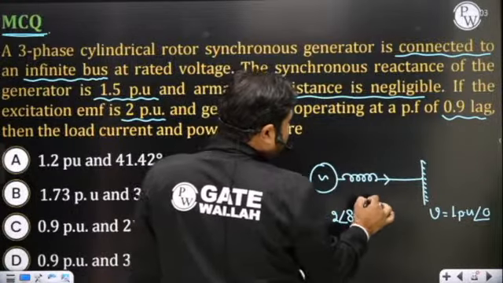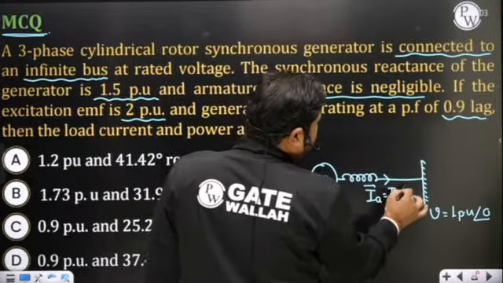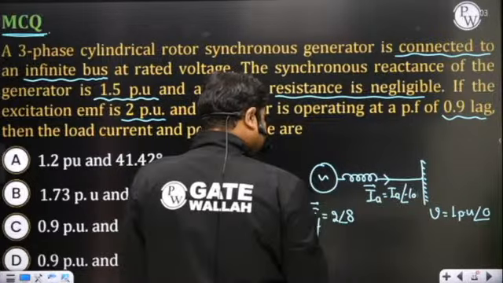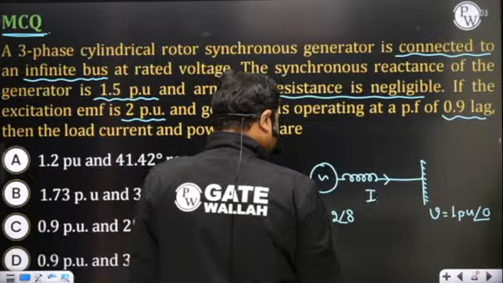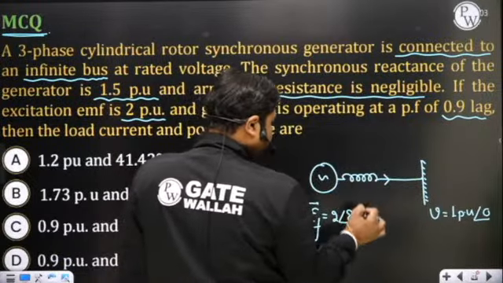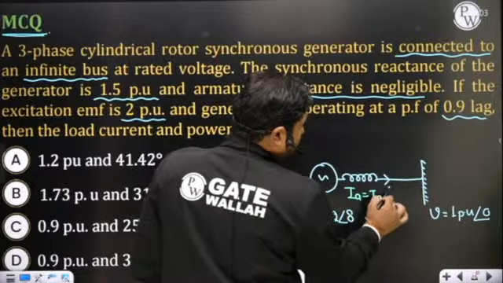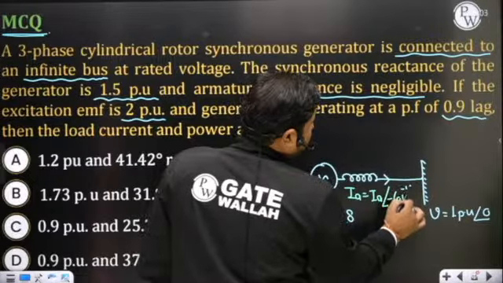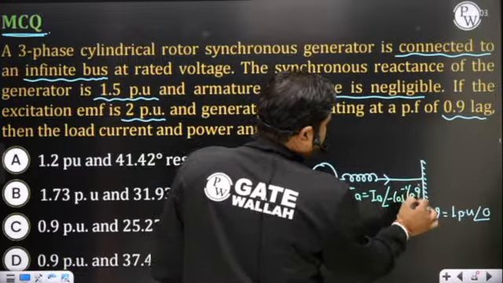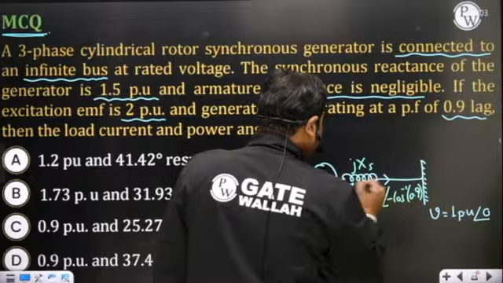This generator is delivering the current Ia at an angle of minus cos inverse 0.9. What is the power factor? 0.9. This is jXs. Great sir.